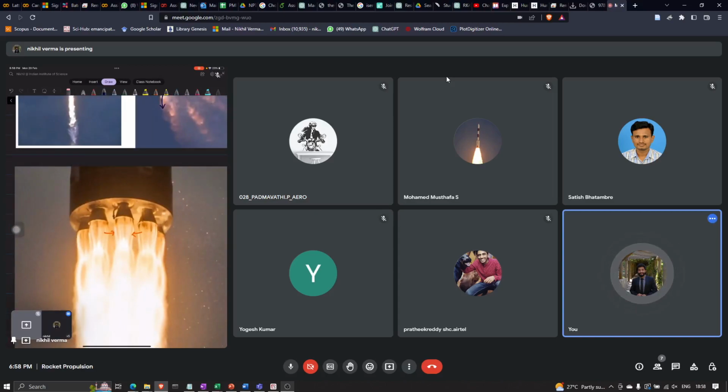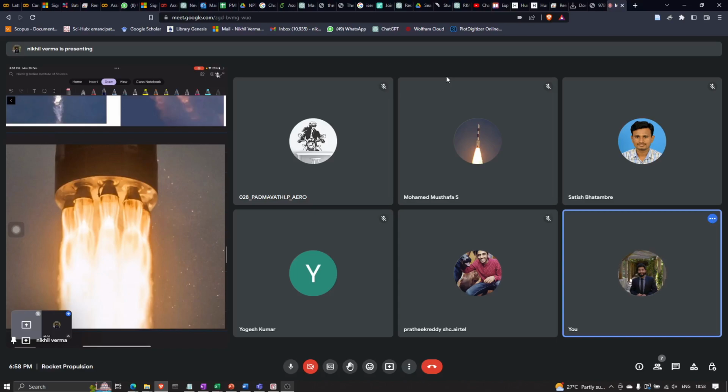Coming on to this, this is a Merlin engine from SpaceX again. Can somebody tell which type of configuration this is? Underexpanded, overexpanded, or design point?